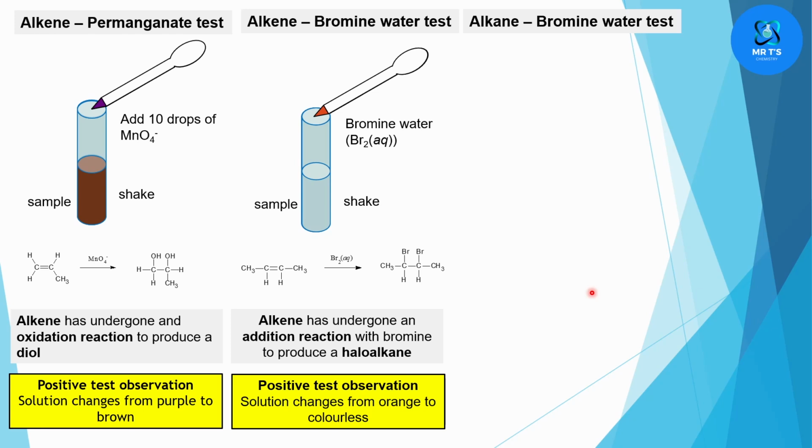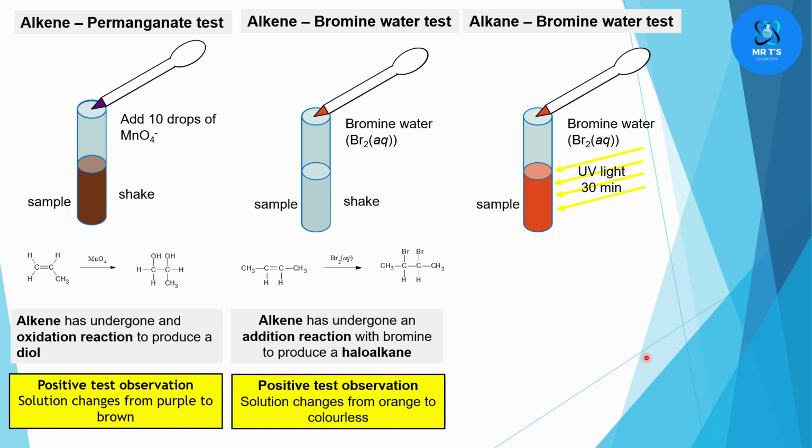We can also do a bromine test with an alkane or any other organic molecule that doesn't have a double bond or a triple bond, and the following will happen. If we add the bromine water to a sample of alkane, it's going to stay orange. But if we put it in the presence of ultraviolet light, the ultraviolet light will react with the alkane chain, radicalize one of the hydrogens and remove it, and then that will react with the bromine.